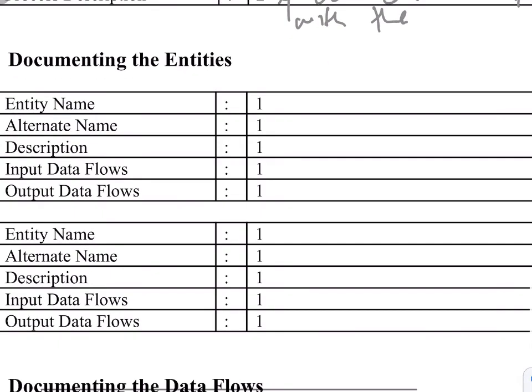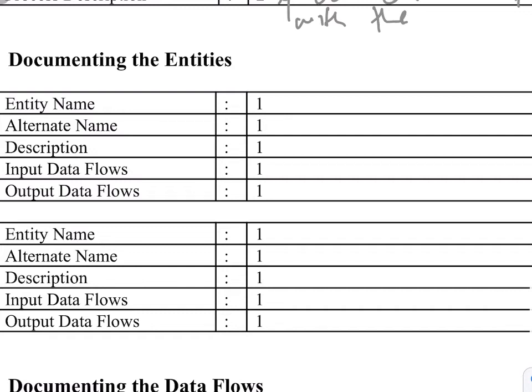Okay, and then documenting the entity. So, how many entity do you have? Let's say siapa yang buat klinik. You have doctors, you have staff, you have patient. So, meaning that you have 3 entities. External entity ni tadilah. Or, maybe you are using the outside ataupun other people's system as your feeder. Contohnya, kita nak dapatkan data daripada sistem yang lain.